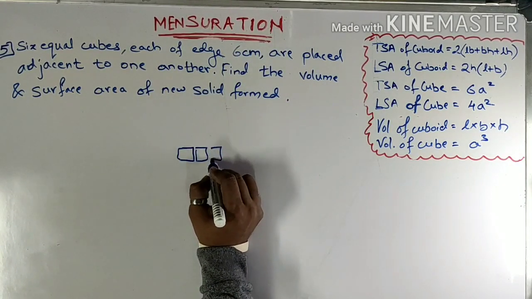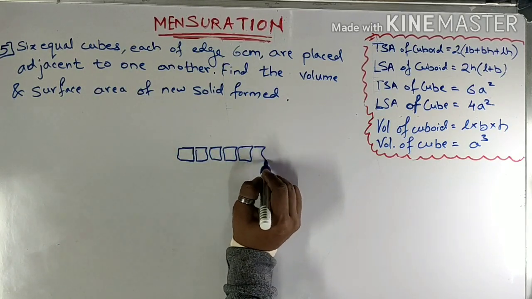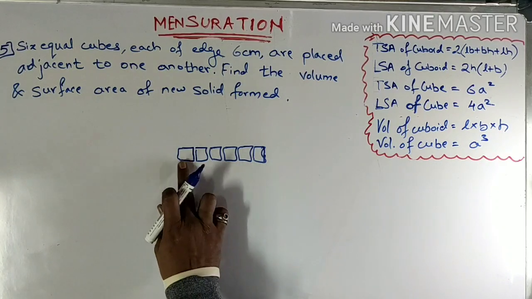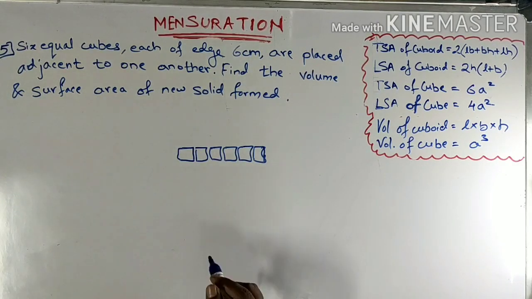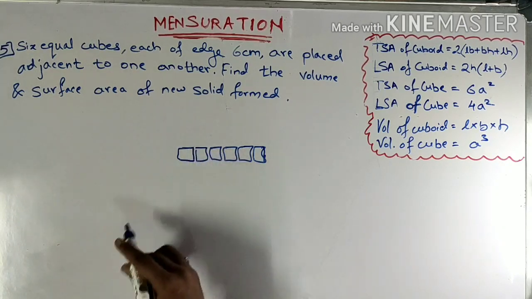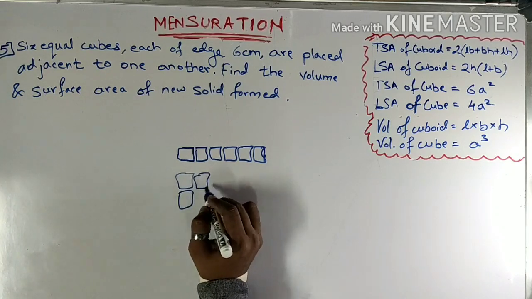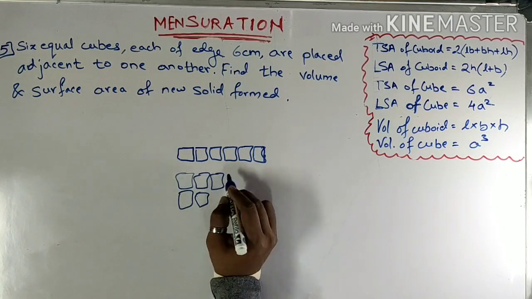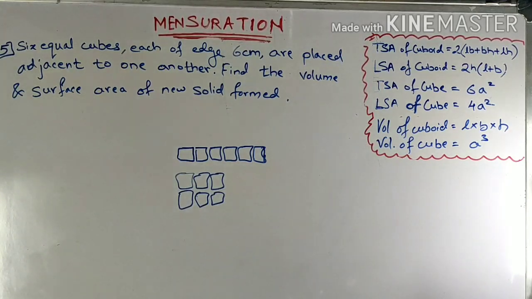One is the way mentioned in the problem, adjacent to one another, which means one after the other and stuck to each other. Or there are other ways, that is in pairs of 2 or in pairs of 3, or we'll make groups of 3, like that.